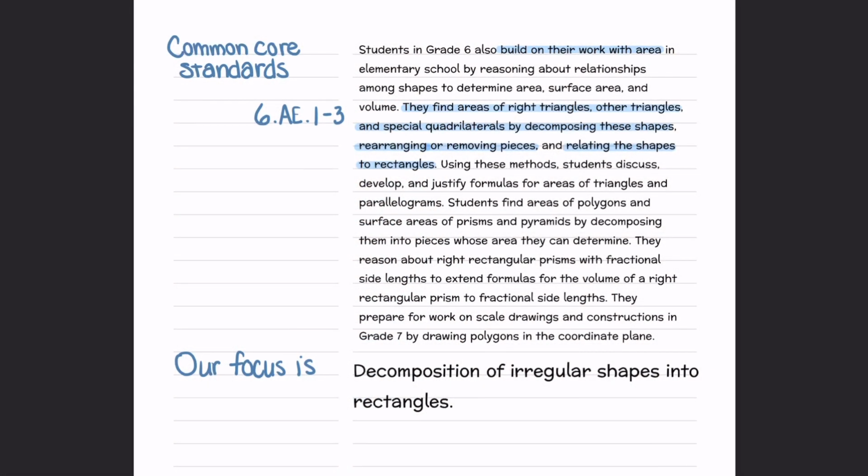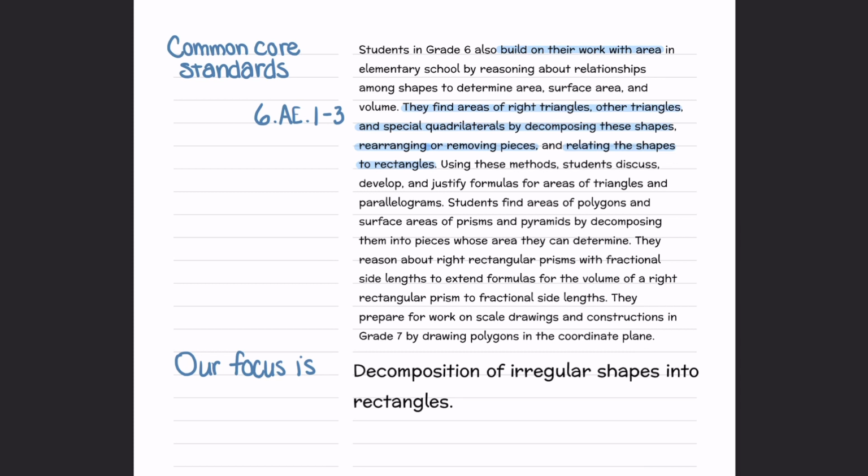Common Core Standards for 6th grade has us looking at students in grade 6 will also build on their work with area in elementary school by reasoning about relationships among shapes to determine area, surface area, and volume. They find areas of right triangles, other triangles, and special quadrilaterals by decomposing the shapes, rearranging or removing pieces, and relating the shapes to rectangles.